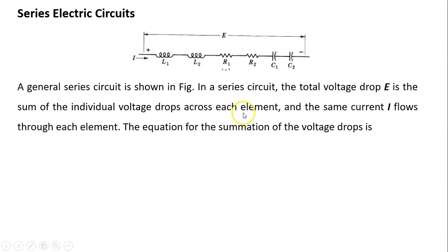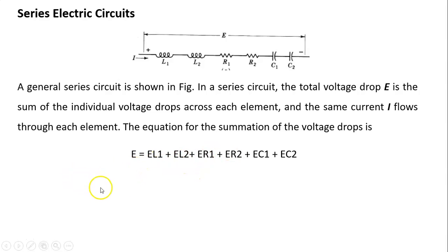Therefore, the equation for the summation of voltage drops is E is equal to EL1 plus EL2 plus ER1 plus ER2 plus EC1 plus EC2.